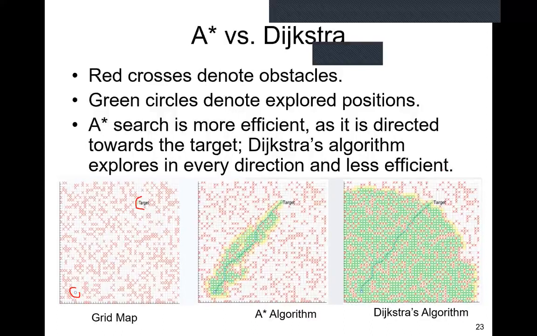Here's the Dijkstra's algorithm. Dijkstra essentially explores in every direction, so it's very inefficient, whereas A star explores in a very directed manner because of the guidance by the heuristic function of cost to go.